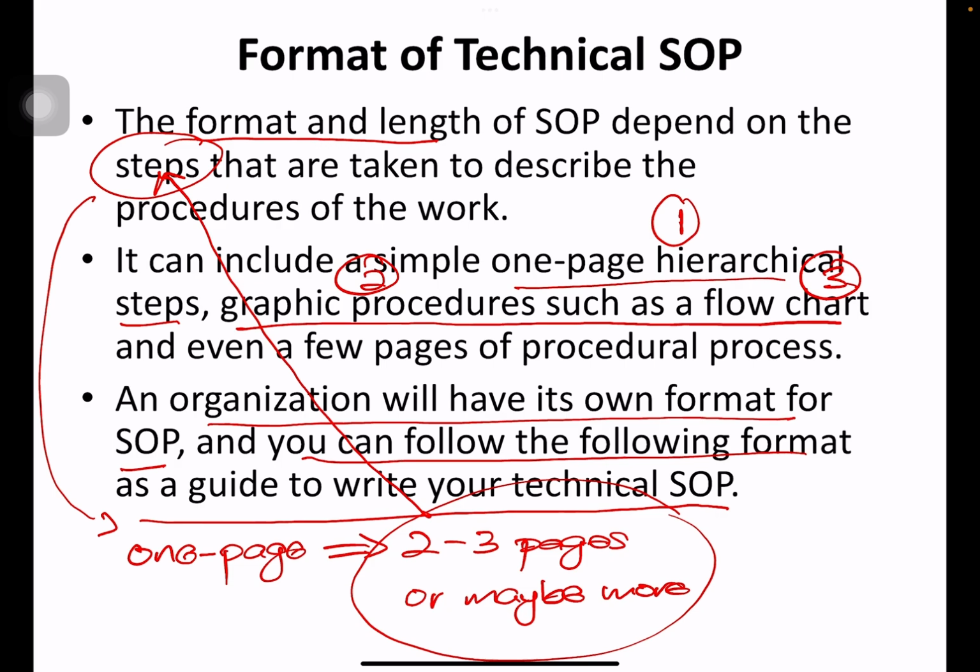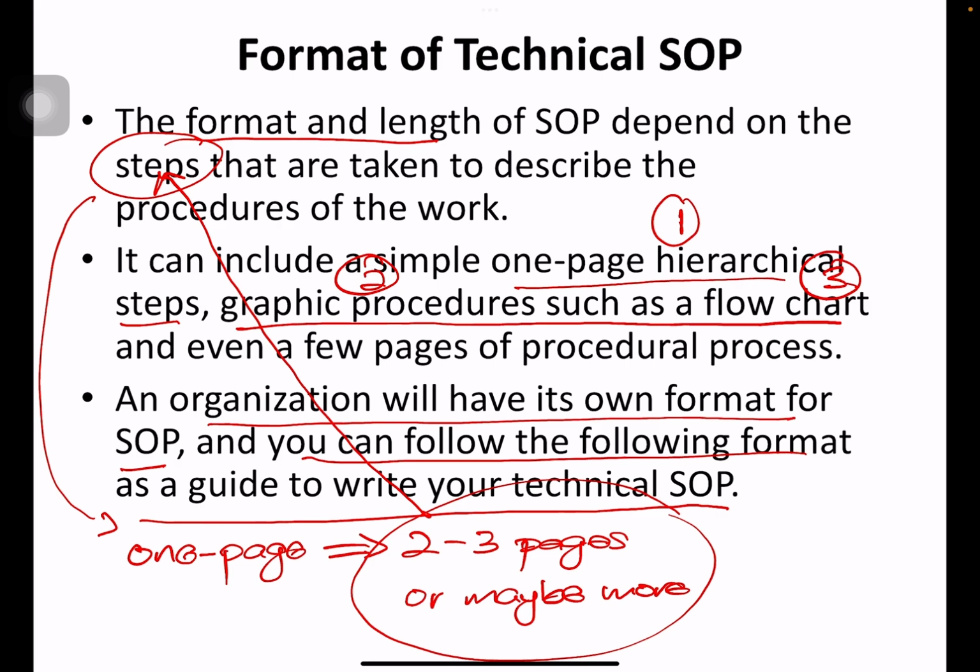Don't get confused, but the contents and how you arrange the information will still be the same. So what we are teaching you now for UHL 2452 is to equip you with the correct organization and how you can put the contents accordingly in the template of the SOP later on.